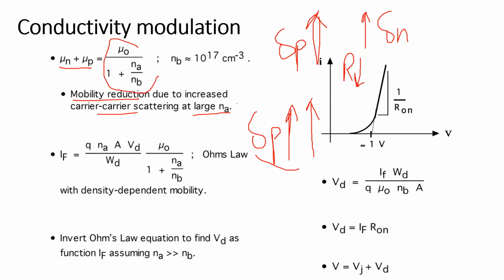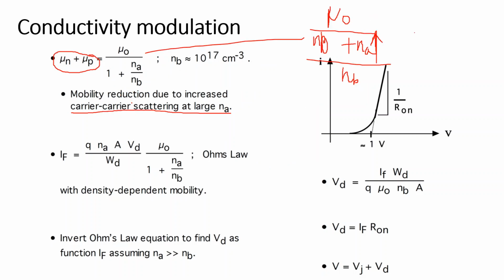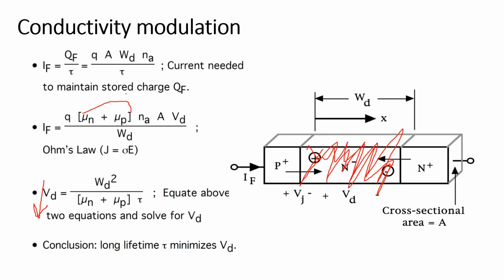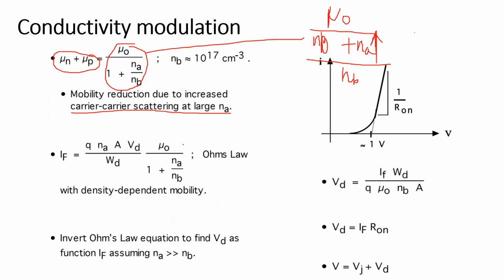So you have to remember this expression where Nb is a constant value, 10 to the power 17. You just write this in terms of mu n plus mu p here. So you will get this expression, right?